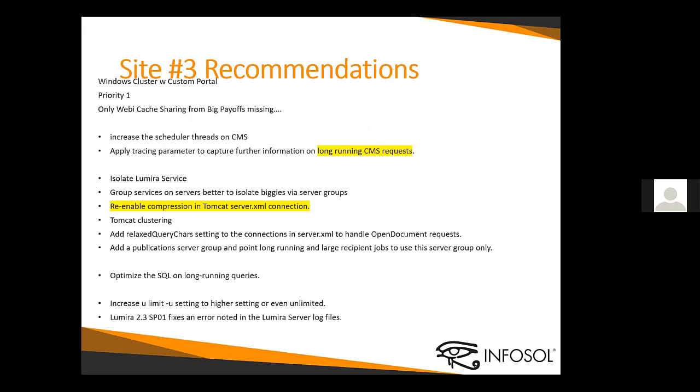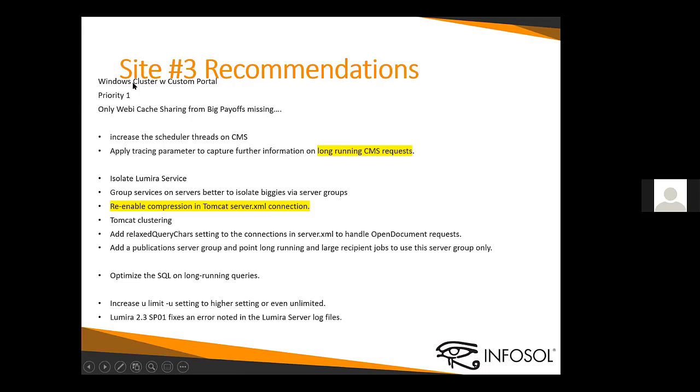Site 3 had the interesting one with the publications, and they also had very knowledgeable administrators, so they really didn't have a lot of the biggies. They were already working on optimizing their queries, and already optimizing their CMS. They were very much in the know.